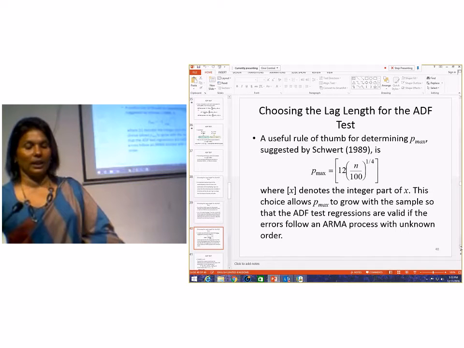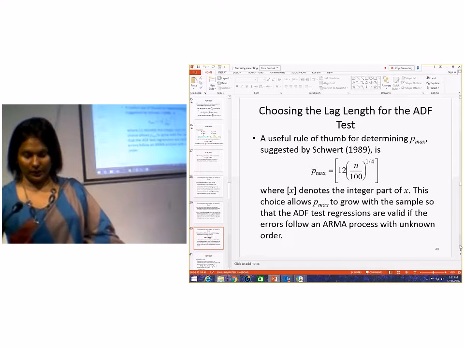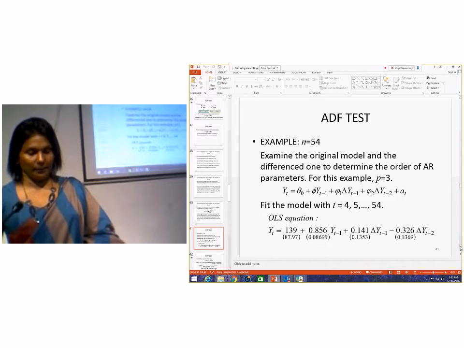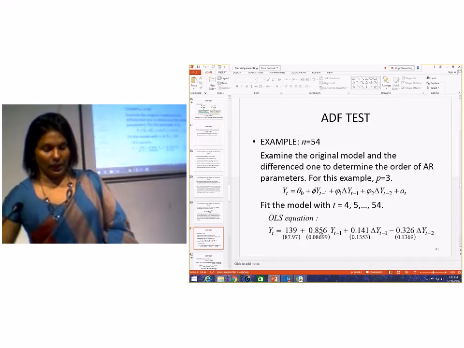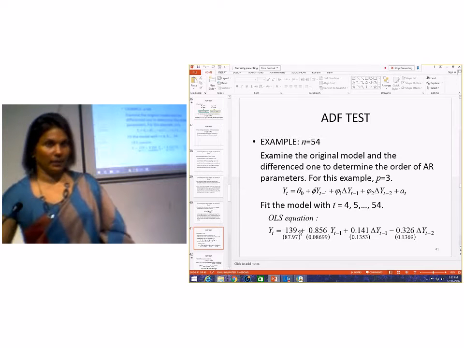Right, we need to select the optimal number of lags to include. In this example, we include 2 lags.